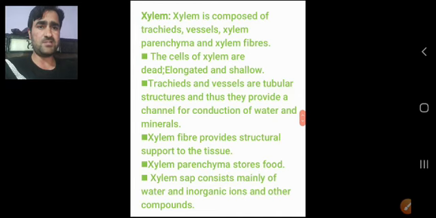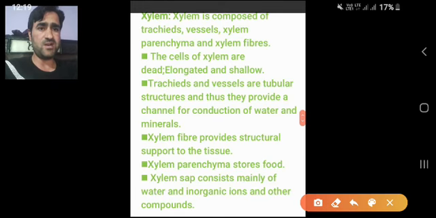There are a number of theories that can be discussed to explain this conduction of water and minerals from the roots to the photosynthetic parts of the plant. But here we are concerned with the introductory part of xylem and phloem.